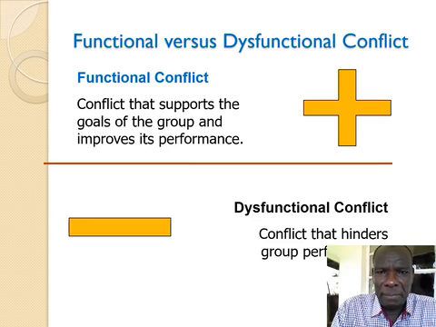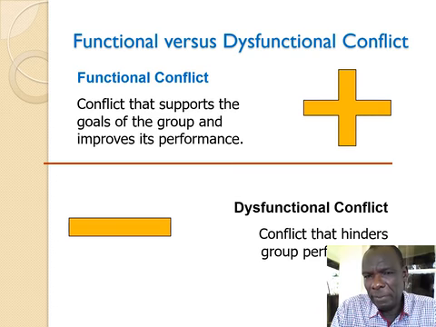Well, there are two types of conflict, the functional versus the dysfunctional conflict. Functional conflict is that conflict that supports the goals of the group and improves performance. And dysfunctional conflict is that conflict that hinders group performance.